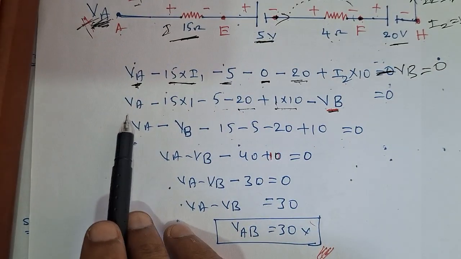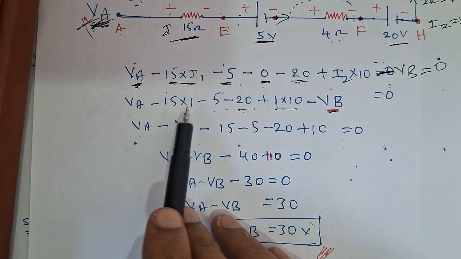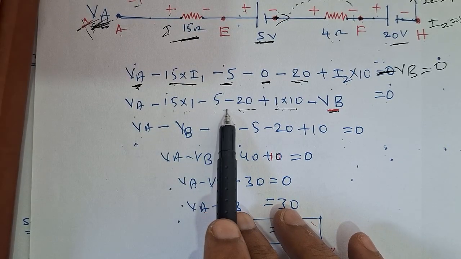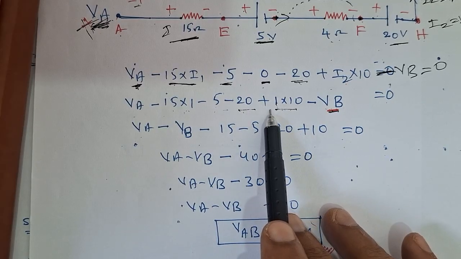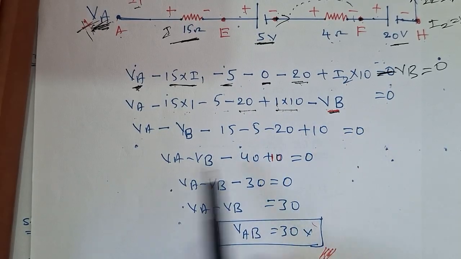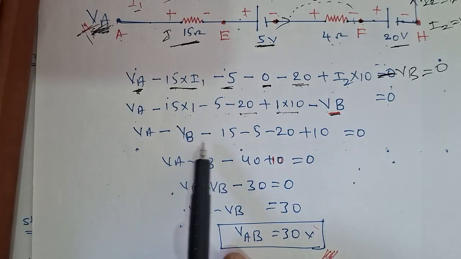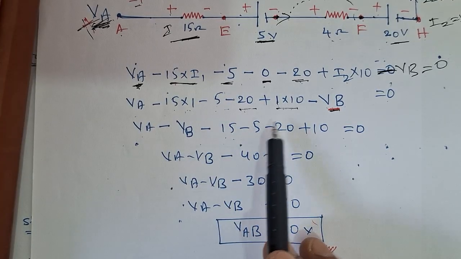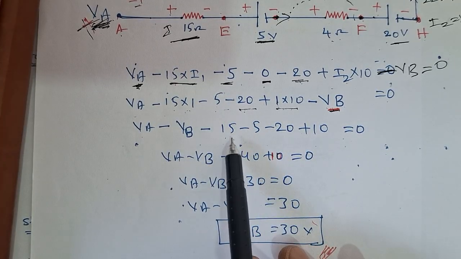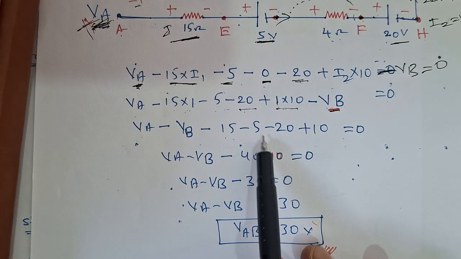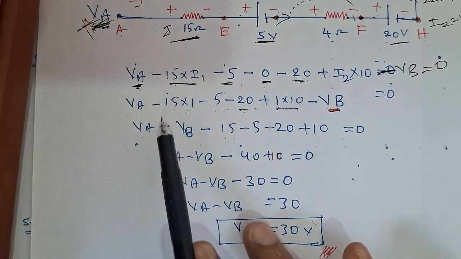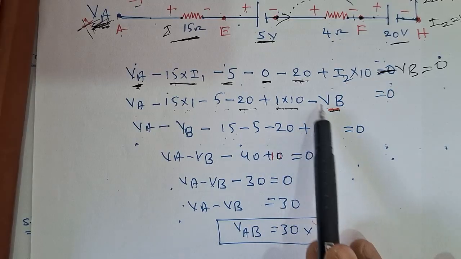Just rearrange the equation: VA minus 15 into 1, minus 5, minus 20, plus 1 into 10, minus VB equal to 0. VA minus VB is minus 15, minus 5, minus 20, plus 10.